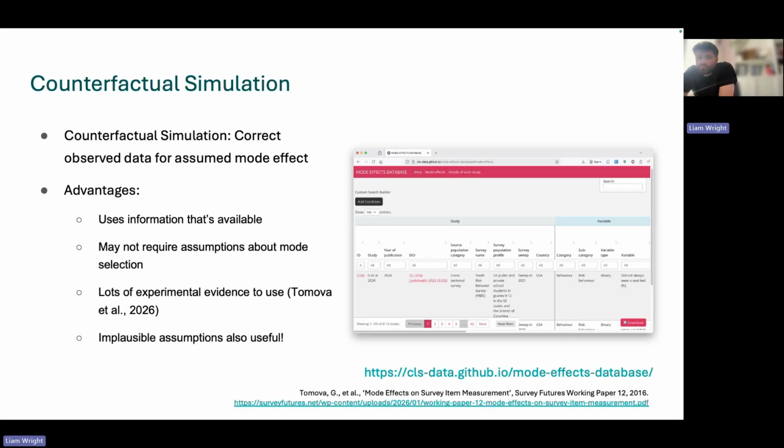So you could assume that a mode effect for this counterfactual simulation was one standard deviation, knowing that realistically that's not going to be how large it was in practice. If your substantive conclusion doesn't change, then that would be good evidence that your results are robust to mode effects. So even though you're not getting a precise and accurate unbiased estimate, you're at least being able to rule out mode effects as a particular problem for your analysis.